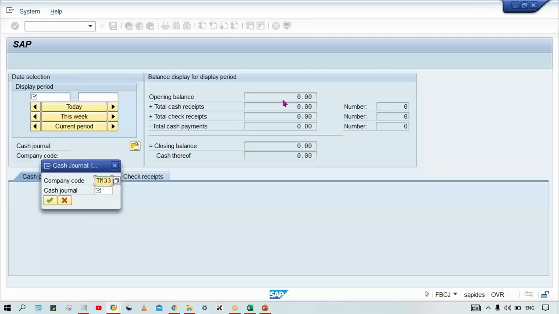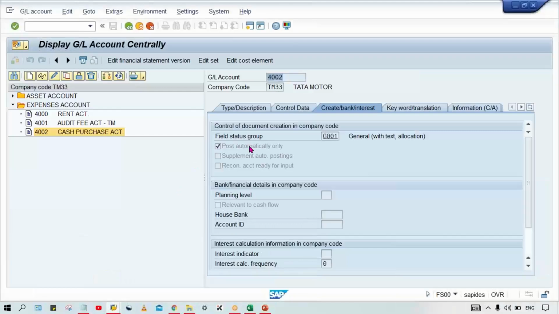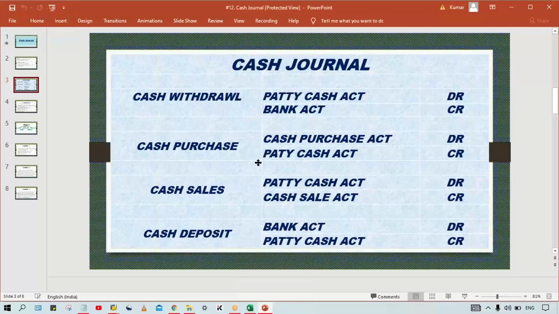At the same time, if we don't apply the check mark post automatically, then somebody from the user side may apply their own understanding and post these transactions through FB50. Anyway, the transaction must be posted: cash purchase, this account is debited and this account is credited, and they can simply post through FB50.